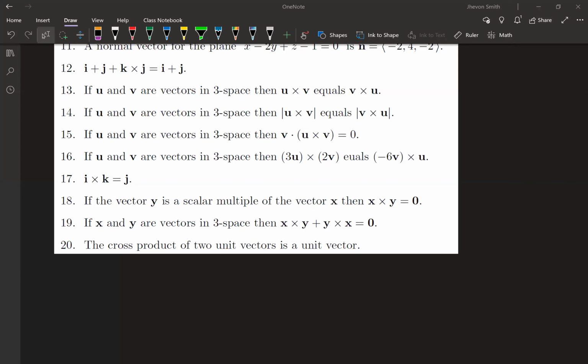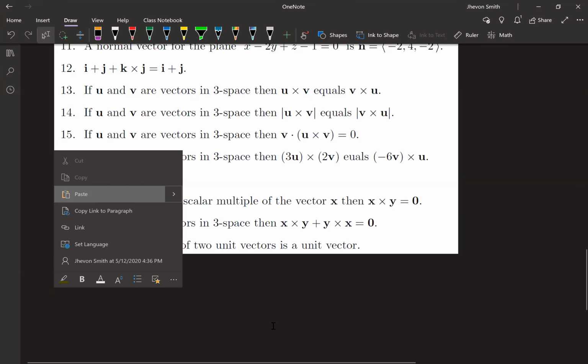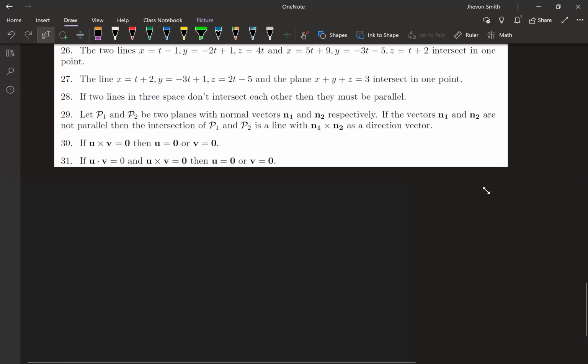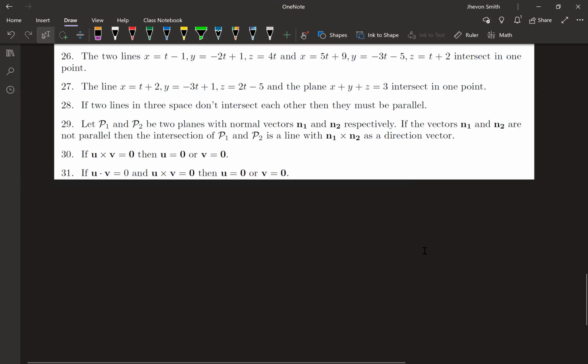And then that was the next 10, and here are the final 11. So this document I was looking at had 31 problems.